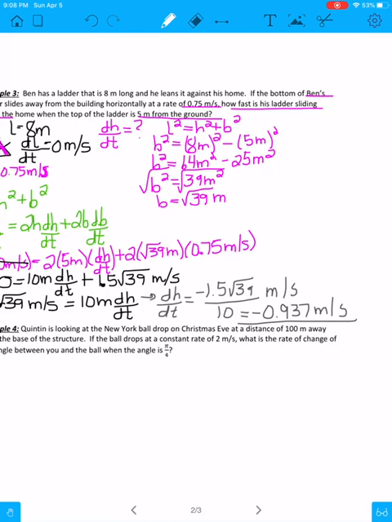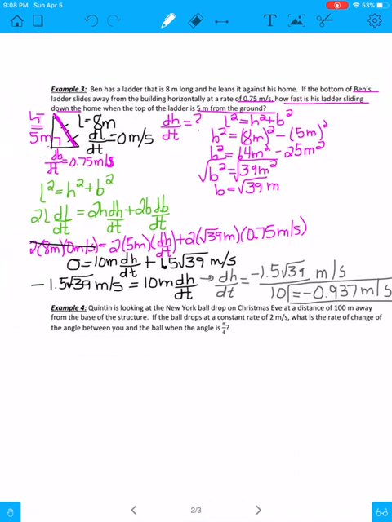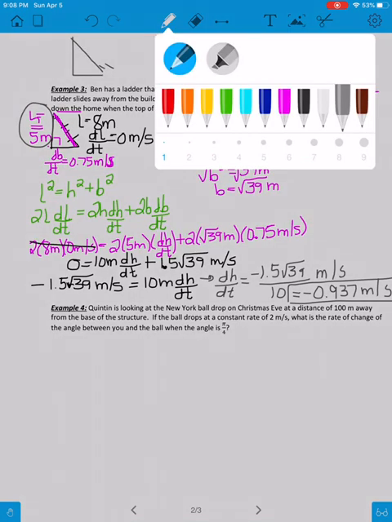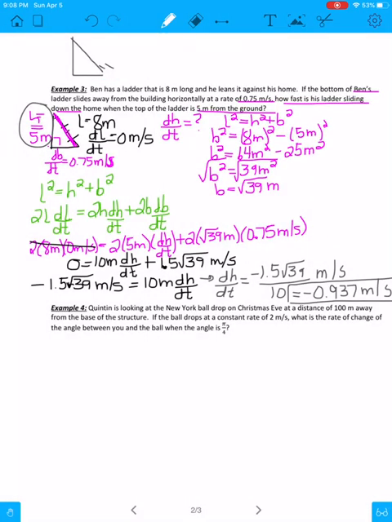Now what does the negative 0.937 mean? At dH/dt, that height of this ladder right here, well, as it's sliding away, so say this is my wall, as the ladder is sliding away this way, it's going to go from being up here. If it's sliding that way, it's going to end up going downwards, right?